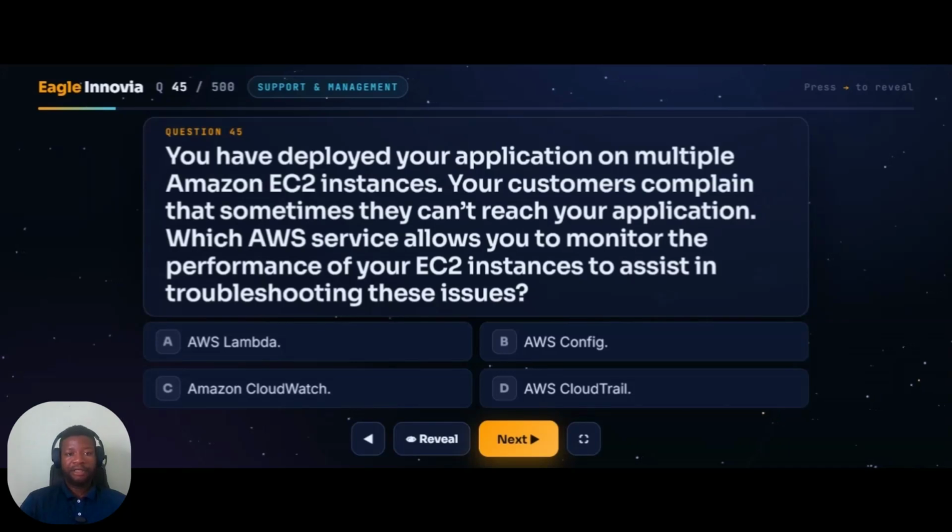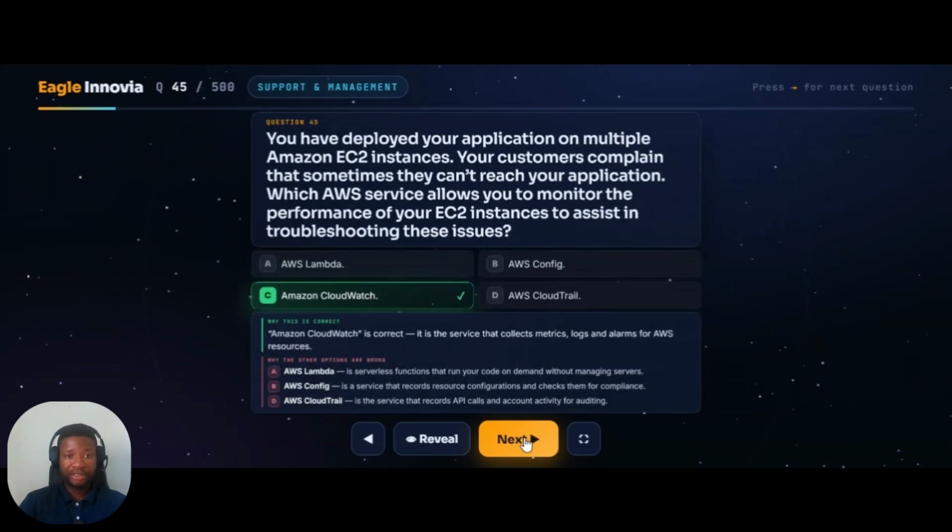A, AWS Lambda. B, AWS Config. C, Amazon CloudWatch. D, AWS CloudTrail. The correct answer is Amazon CloudWatch. It is a service that collects metrics and logs, and can also be used to set alarms for AWS resources.